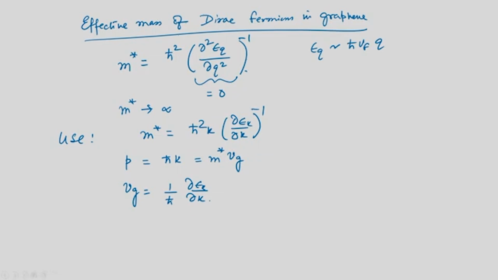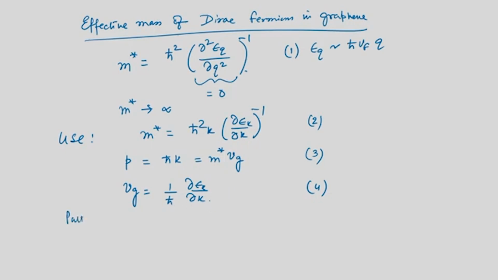And if you put it back into this, so let us call this equation 1. So, 1 apparently throws up a controversy, and so we are reconciling that by introducing a new definition and trying to understand whether that new definition holds. So, v g equal to 1 by h cross del E del k.